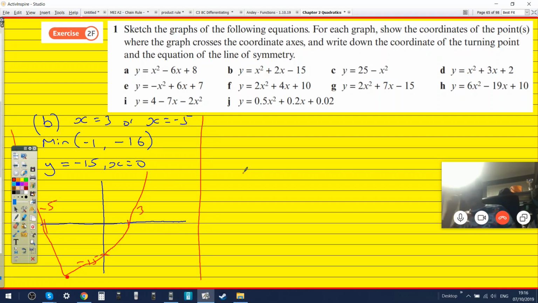Okay, let's try question E. So x is 7 and x is -1.